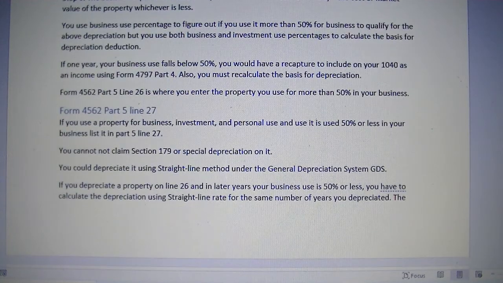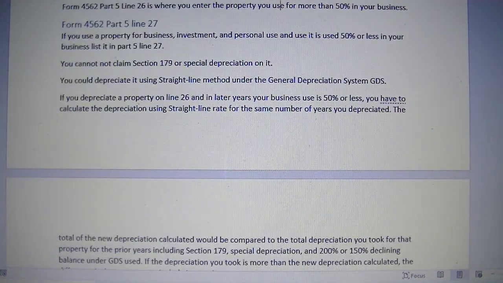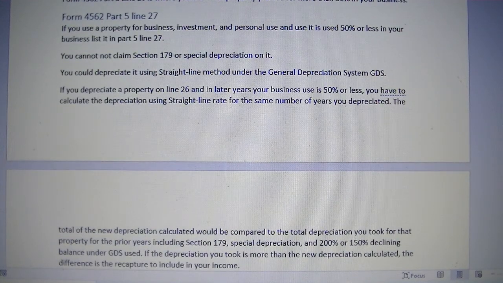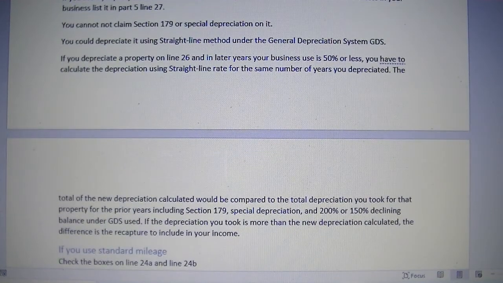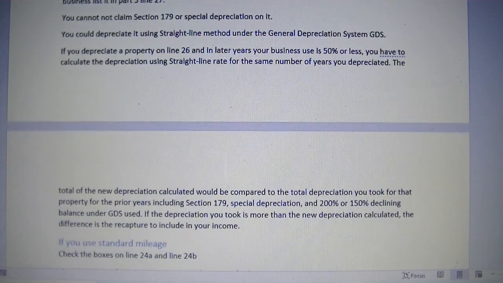So if you depreciate a property on line 26, which is for assets you use for more than 50% in your business, and later at some point, in another year, you continue tracking the number of hours you are using it, and then you notice that you use it 50% or less in your business, you'll have a recapture to enter as income. So how does that work?